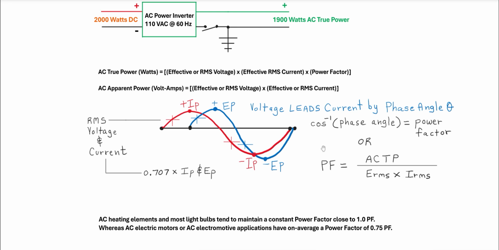So usually light bulbs and heating elements will be about 1.0 if they're AC. But electric motors and anything having to do with motion, electromotive applications, converting electricity into motion or velocity like motors, etc., then we have approximately 0.65 to 0.8, 0.78, something like that.